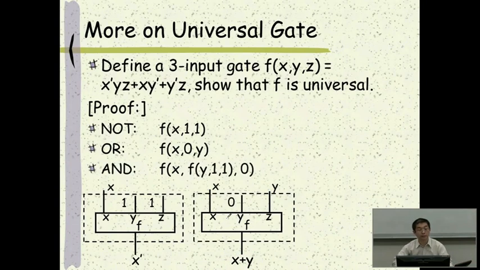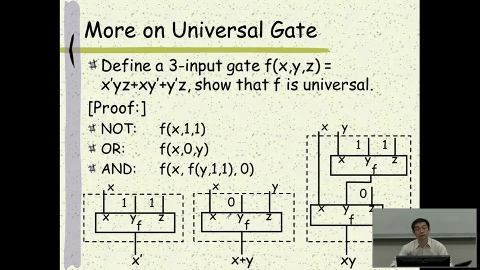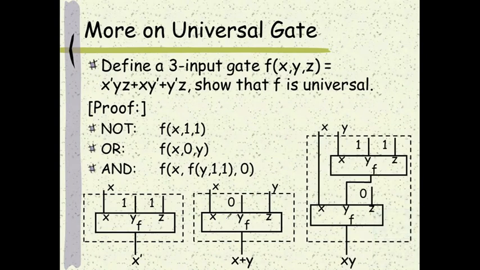And similarly, we can implement the AND gate, which is a little bit more complicated than the OR gate or NOT gate. And here is the logical implementation with two functional blocks. The first one gets y complement, the second one gets x times y.